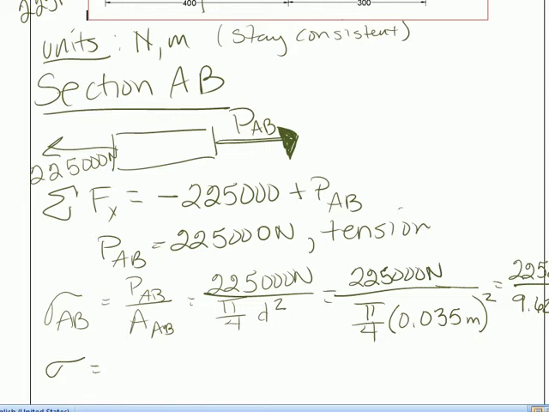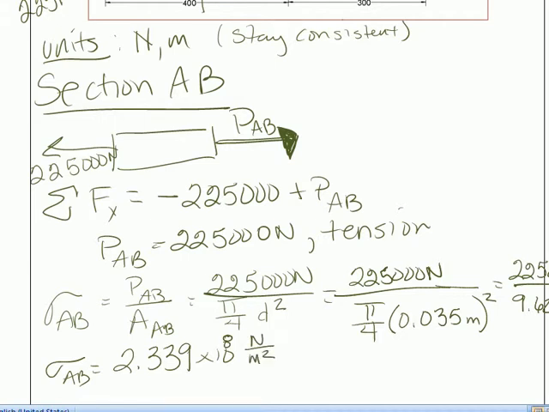That yields the fact that the stress in segment AB is 2.339 times 10 to the 8th newtons per meter squared.